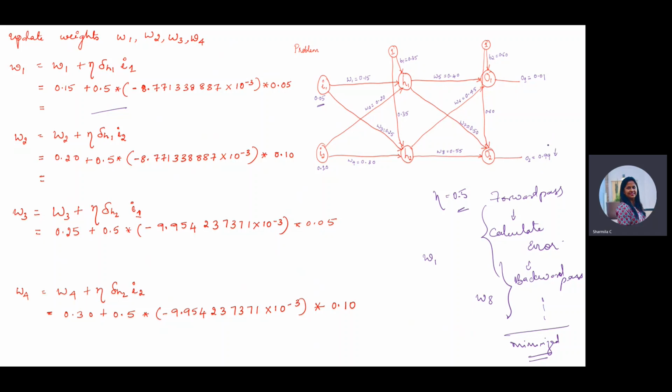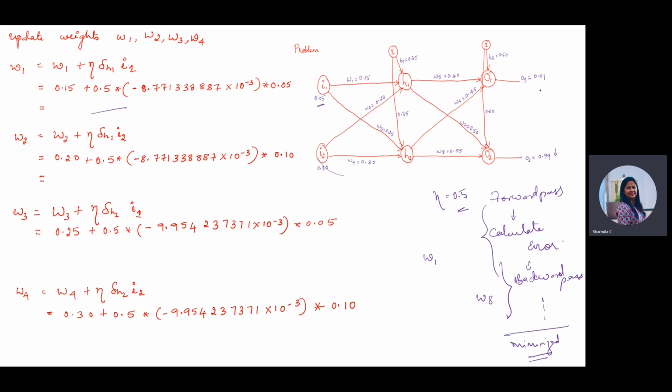To achieve output from these two units that is almost equal to these values, at least more than 8,000 iterations are required. So this is how the neural network is made to learn the weights.